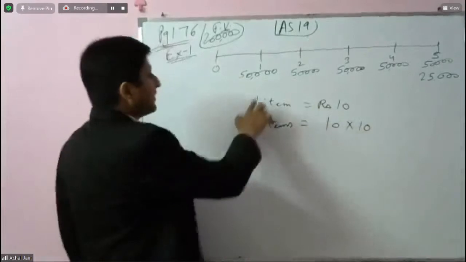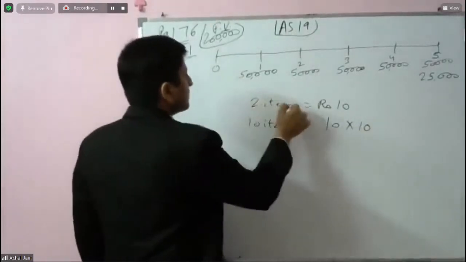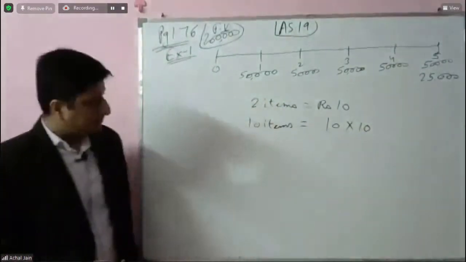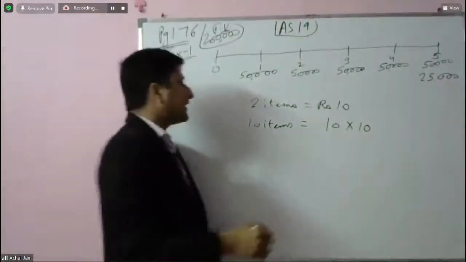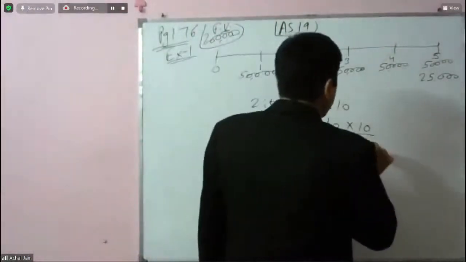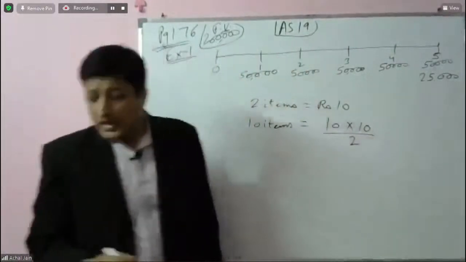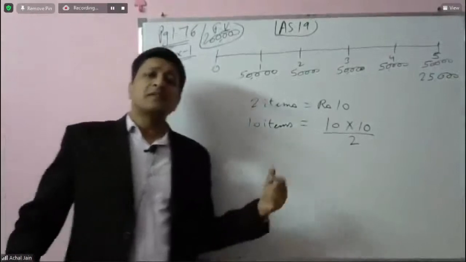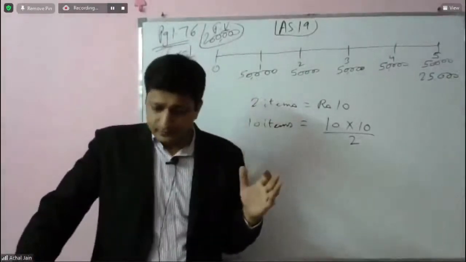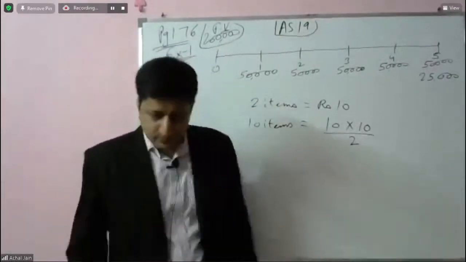Or you can say, if two items are of rupees 10, then 10 items will be for how much value? 10 into 10 divided by 2. Remember this method? Now this method we need to apply over here. Let's see how.